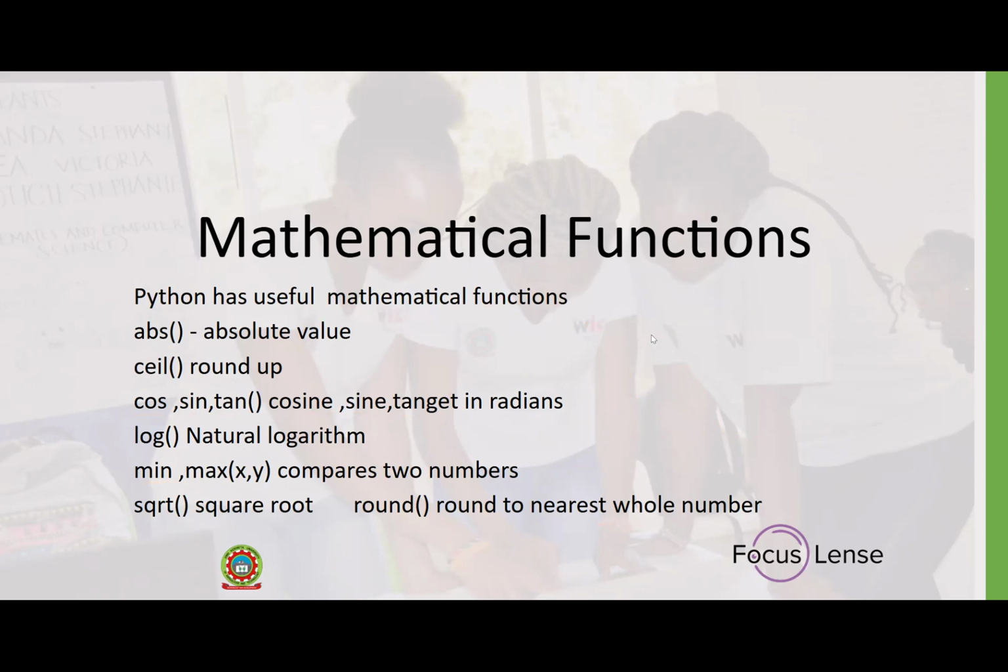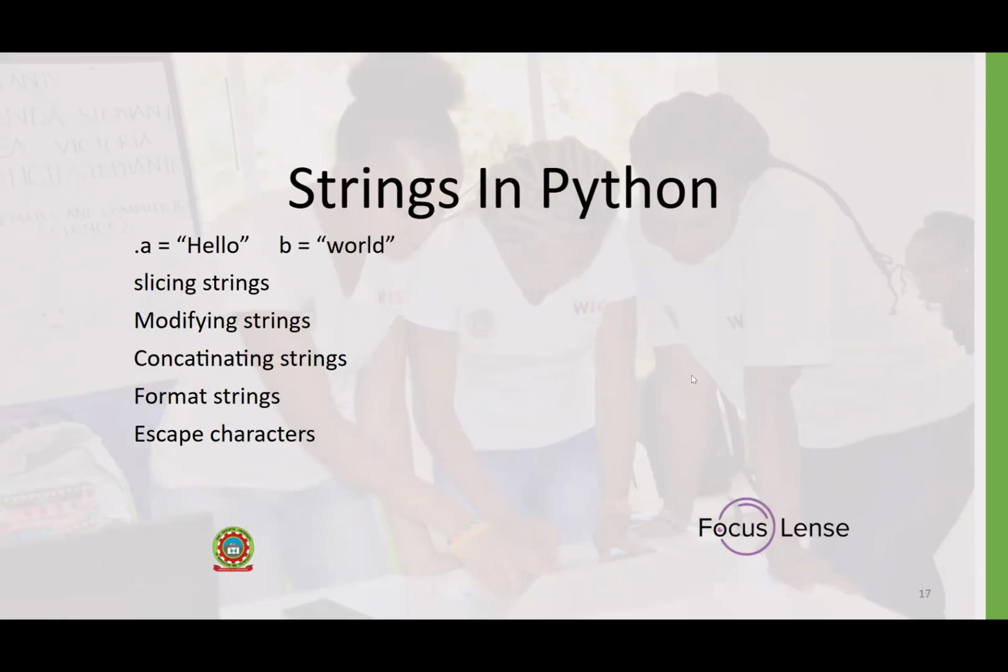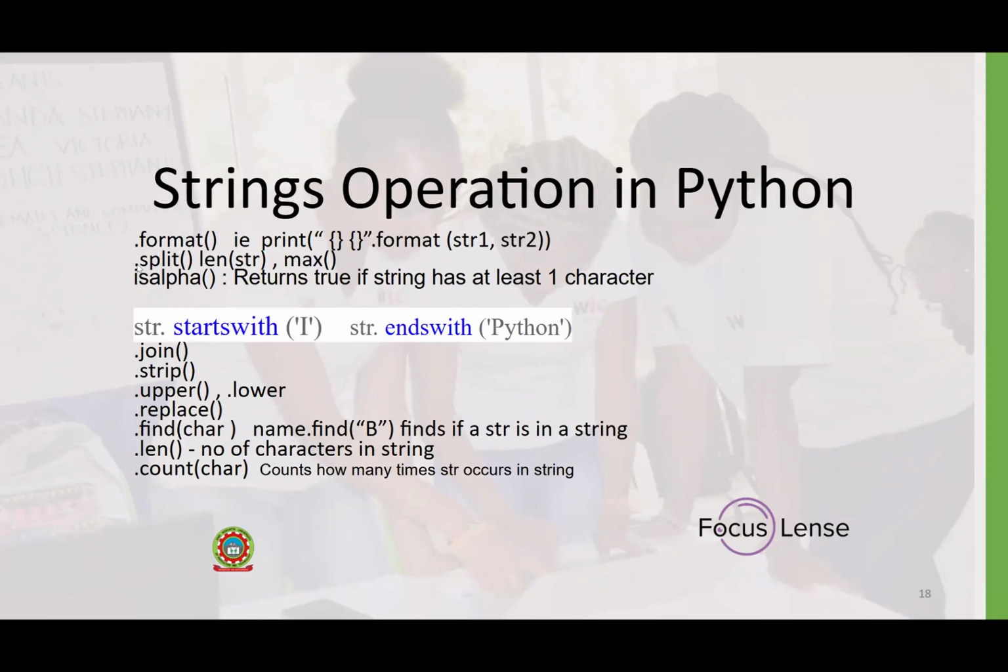Okay, so variables, we had looked at string operations. This is what I need to review with Andy and Dicta, but how to join strings, and how to strip, how to convert into upper, lower, how to replace, and all that.